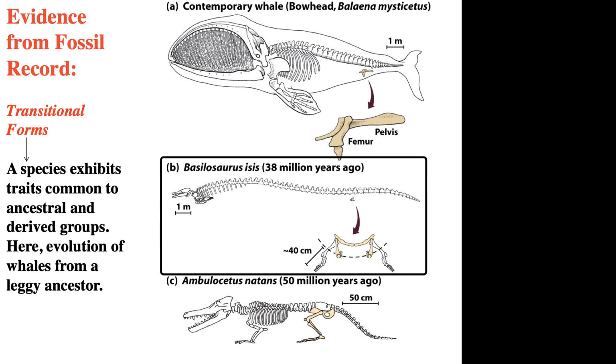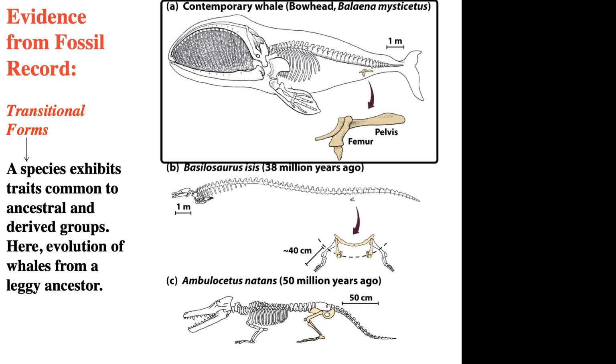So they had lost most of the appendages, the front legs and back legs, some becoming fins in the front and the back legs becoming more or less useless in the back. And then finally you get to modern-day whales, where the front fins have elaborated more, and the back legs have completely disappeared. They're within the animal, although the vestigial bones, the pelvis, femur, etc., are still there, but completely non-functional.